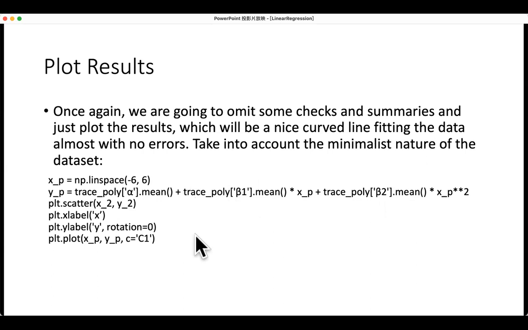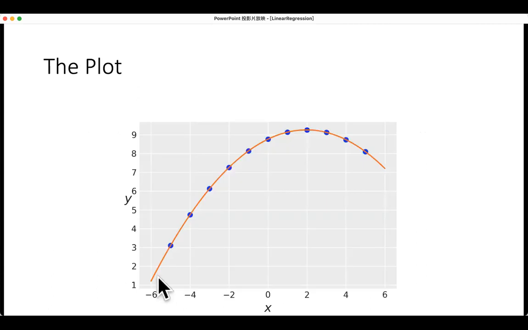By using this piece of code, we can show that it actually goes past all these points pretty much perfectly, right?